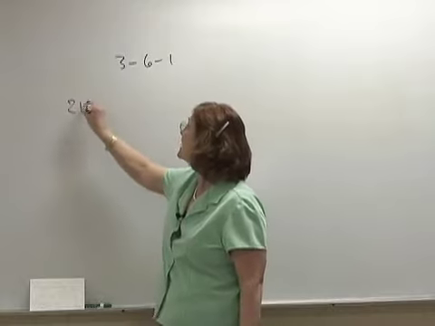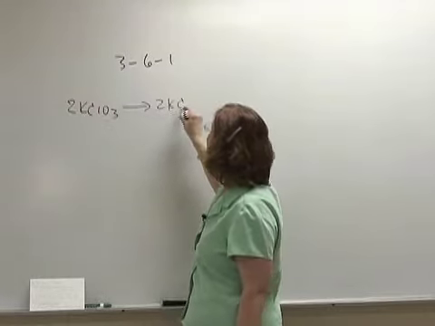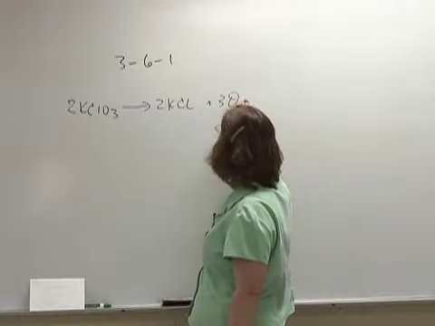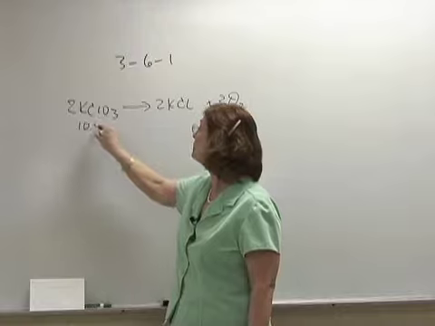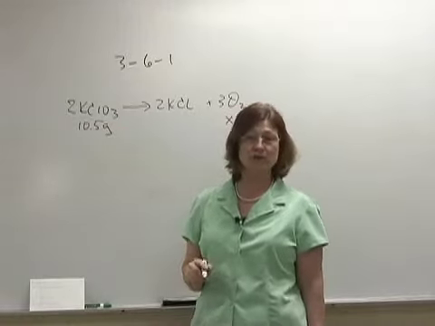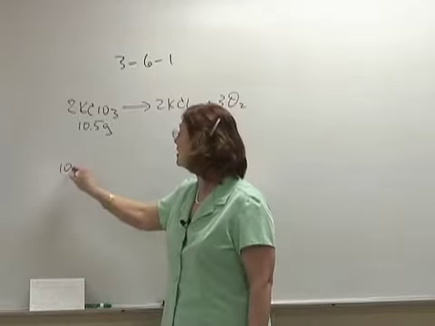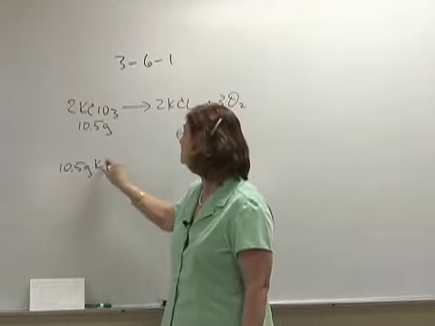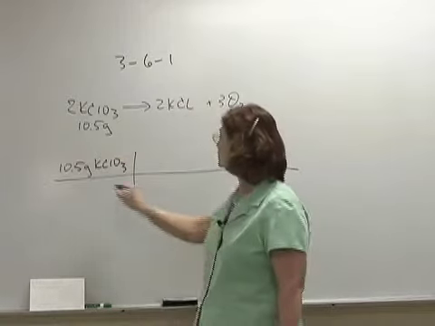We have 2 potassium chlorate will produce 2 potassium chloride and 3 oxygens. Now, I'm given in the problem that I have 10.5 grams, and I want to know what volume of oxygen will be produced. Therefore, I take my 10.5 grams of my potassium chlorate, and this is one big long conversion.